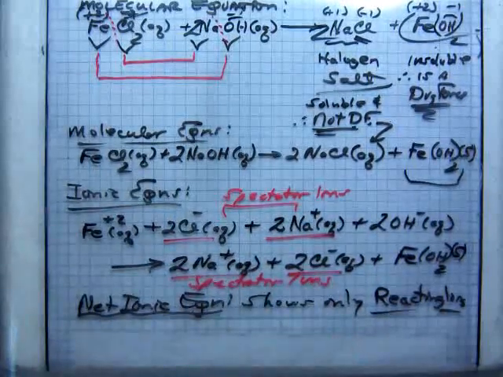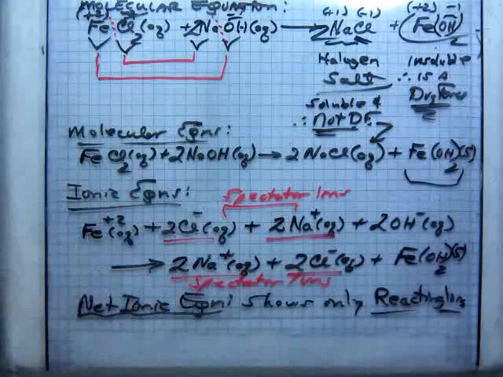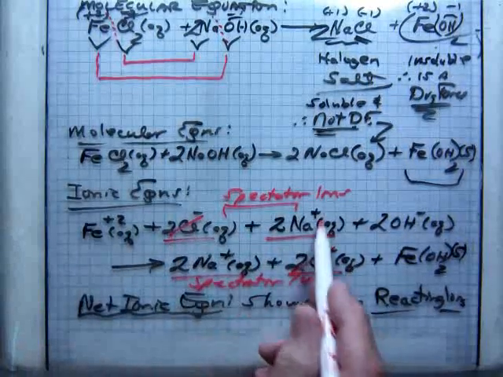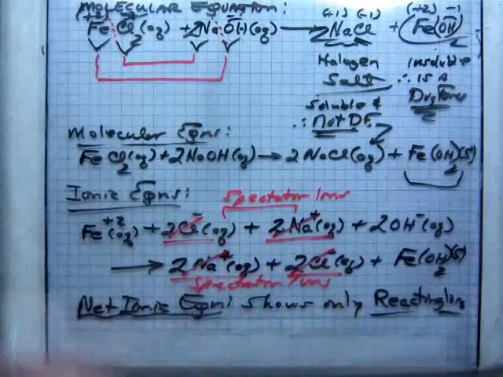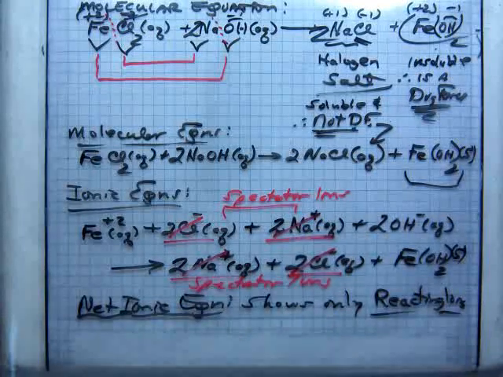Now, you can mentally do this kind of like a math problem. Since they're on opposite sides and equal in amounts, coefficients, then you can cancel these out like that. The remaining ions and compounds are the reactive species in that reaction.